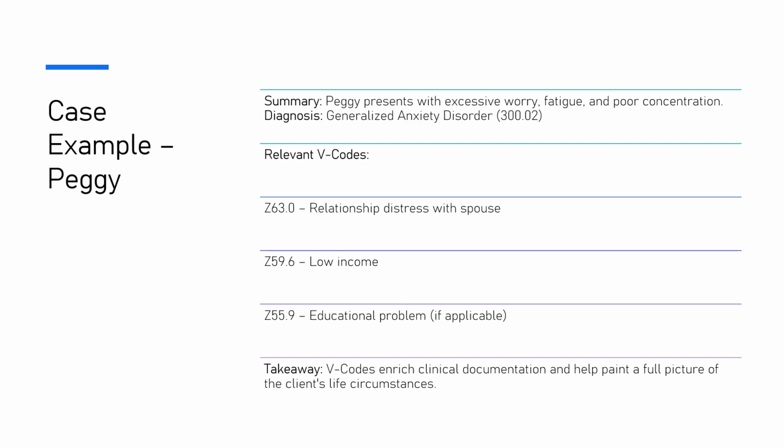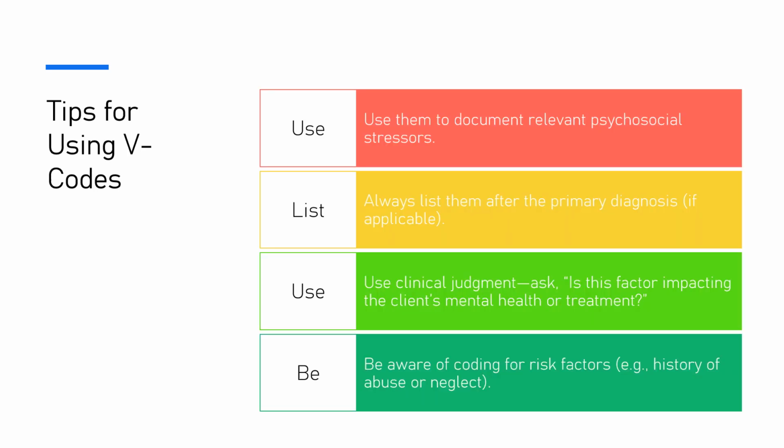The V codes enrich clinical documentation to help paint a full clinical picture. Just seeing generalized anxiety disorder does not create that full clinical picture, but adding the Z codes and V codes plays a huge role in creating more of a clinical picture for the client in other areas that they may be struggling with. Case management and other resources will see these things and know which areas they need to help out with.